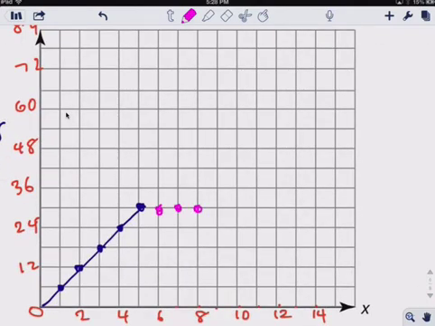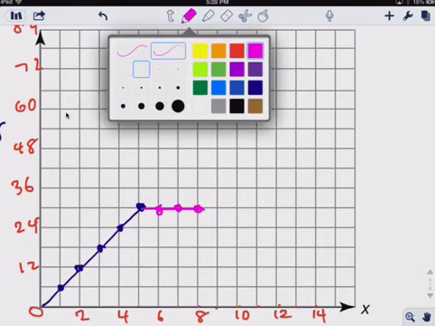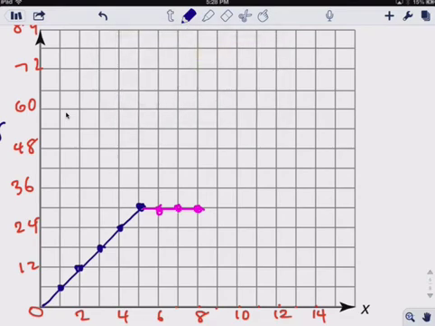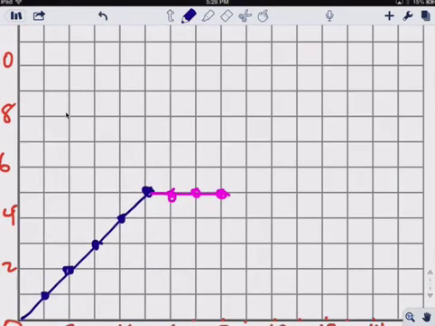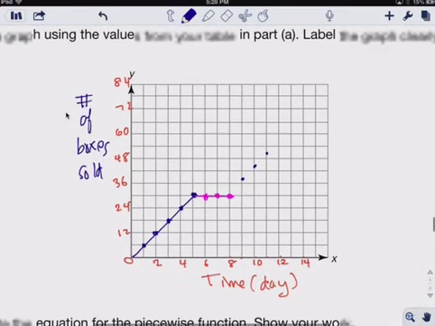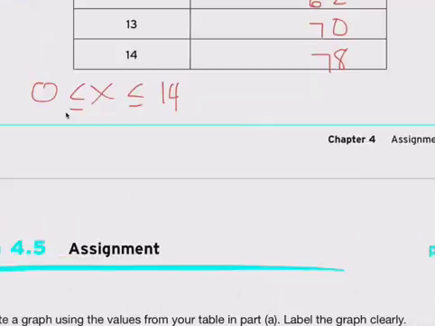Notice my 3 pink dots for 3 days. And then they come back and they sold 8 at a time. So this is 6, 8 is a little bit more. So about right there each time until it gets to 78.